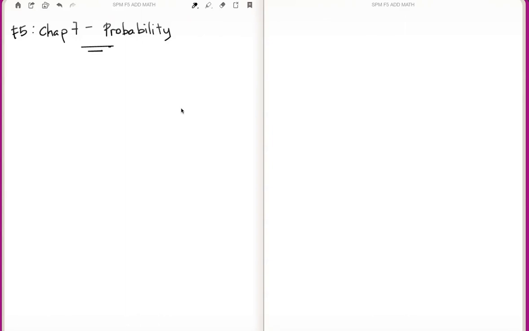So before you can really start, you need to understand what is meant by a random sample. If it is random, it means the outcomes of any event are supposed to be equal.